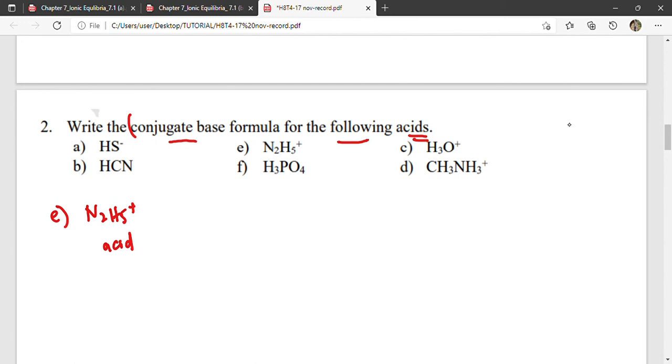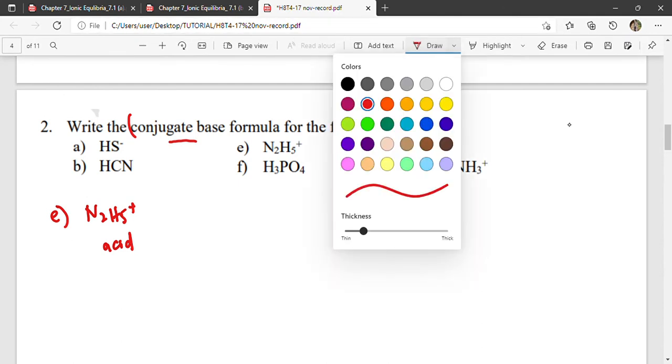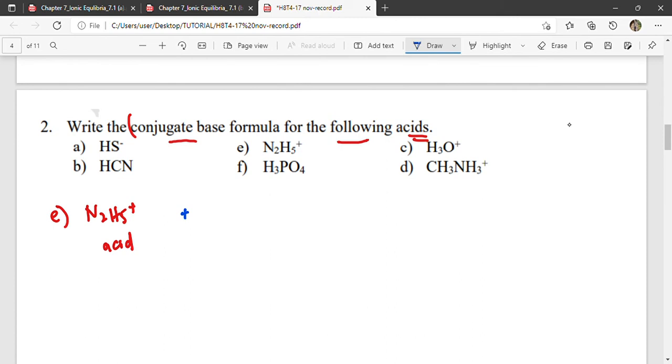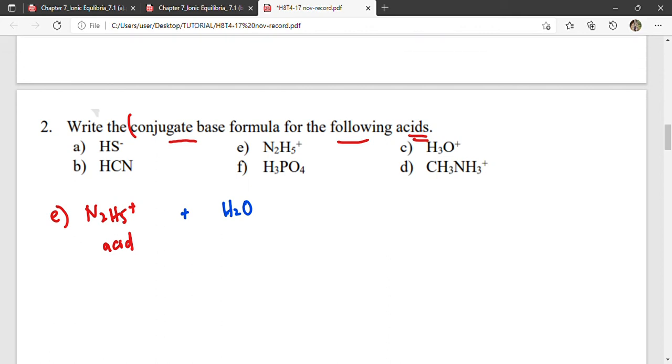We can take H2O. The easiest base that we can use is H2O. H2O is an amphoteric species. It can be either the acid or the base. If we have the acid, H2O will be the base, and for the reaction we use the reversible arrow.